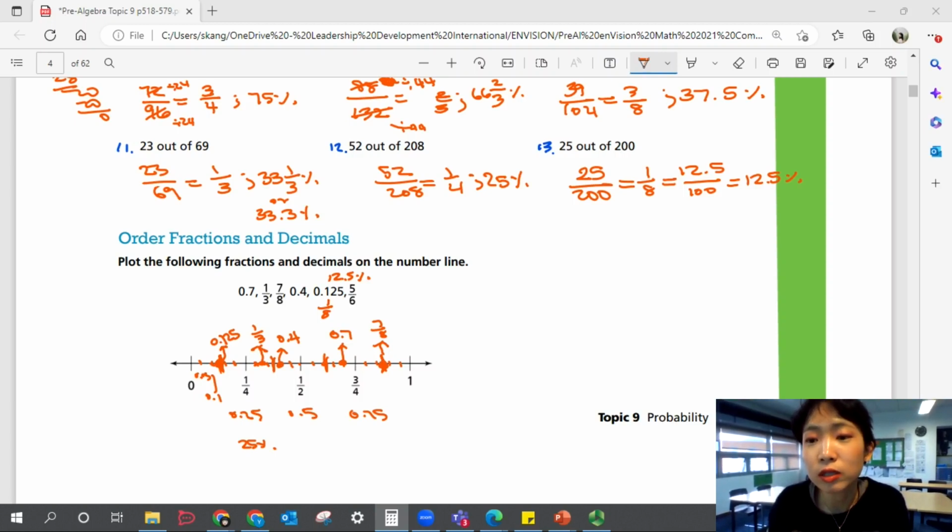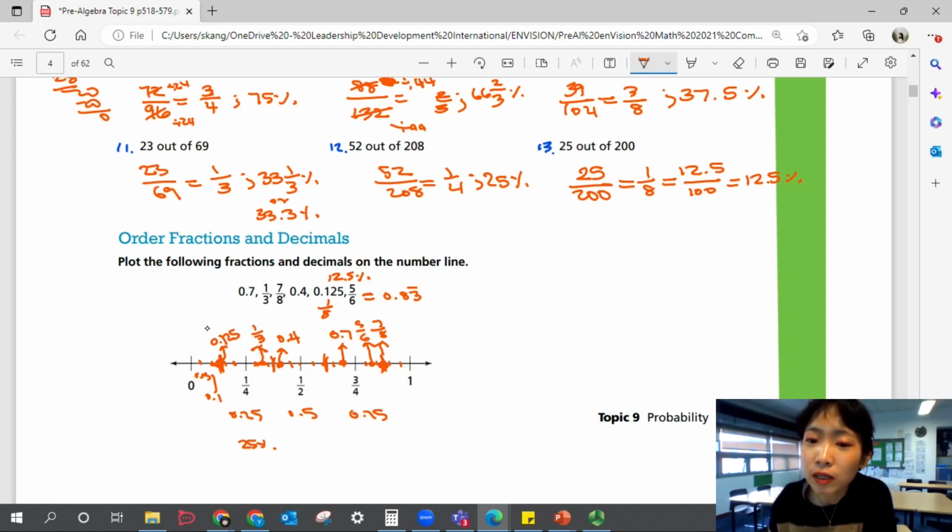So you can use decimals and figure out that 5 over 6 is equal to 0.83 repeated, right? So you can count 0.1, 0.2, 0.3, 4, 5, 6, 7, and 8. And that's going to be 0.85. So 0.83 repeated should be closer to 0.85 than 0.8. So it should be around here. Okay, that's 5 over 6.